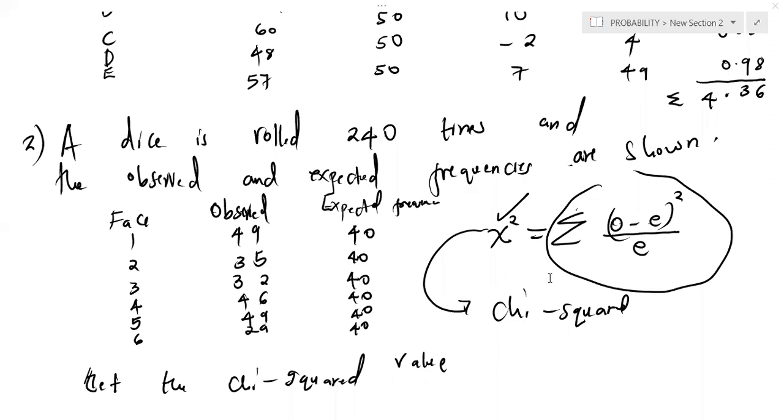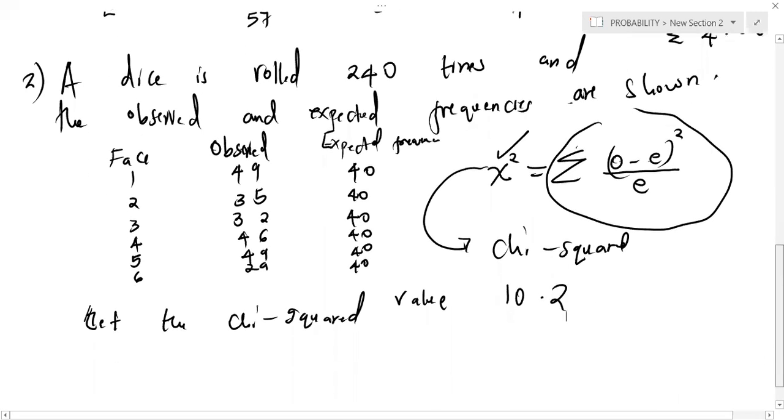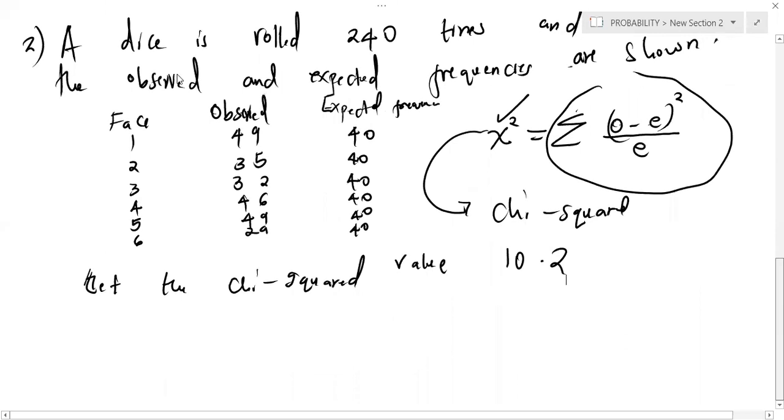If you do that correctly, you should be able to find that the answer is actually 10.2. The answer for this one is 10.2. Okay, let's take up another example and see how exactly it goes.